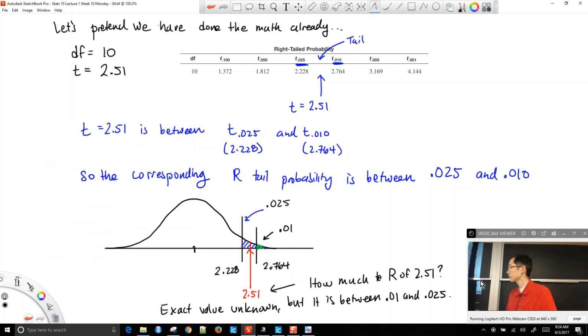Does that make sense? Basically, when you use the table, you find your value and see where it's between, and then you go to the column headings and say, my tail has to be between the values that we see in the column headings.